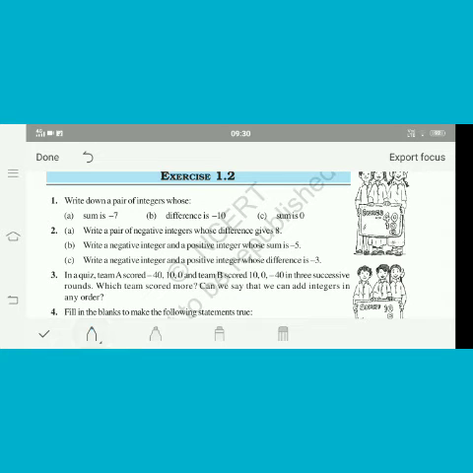So in this case, I'm going to take minus 7 and a positive integer, so it's 2. So minus 7 plus 2 is equal to minus 5.